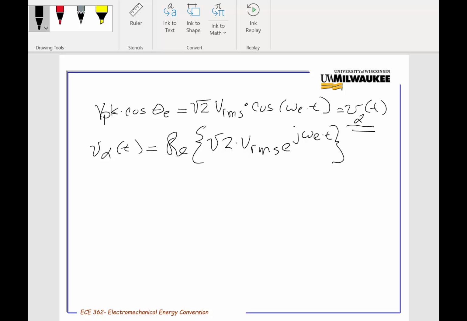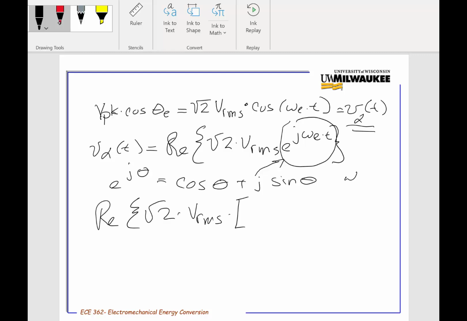If you're familiar with Euler's expression, e^(j theta) is equal to the cosine of theta plus j sine of theta. So if I were to plug that into here, what would I get?